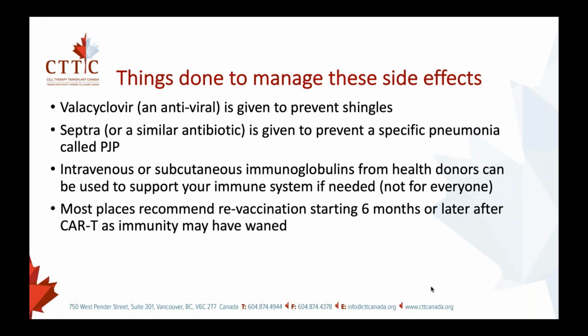And depending upon where you are and what you've experienced in terms of infections, etc., you may or may not be a candidate for something called intravenous immunoglobulin or IVIG from healthy donors. So this would be in order to support your immune system, but this is not for everybody, and this would be discussed with your CAR T expert as well as primary hematologist oncologist.